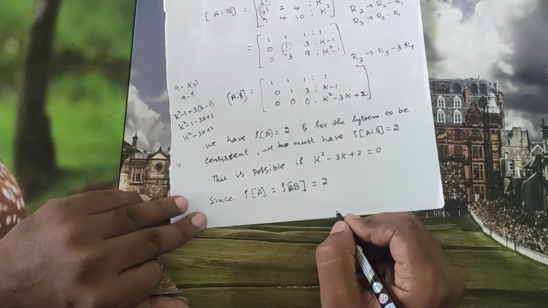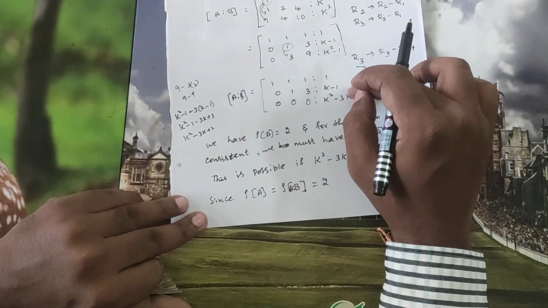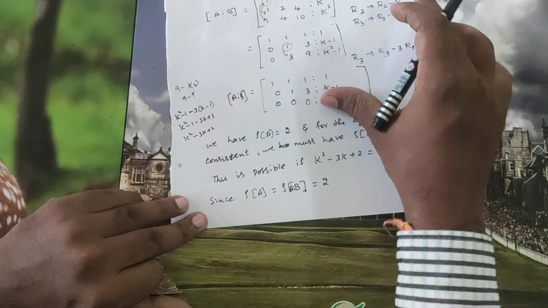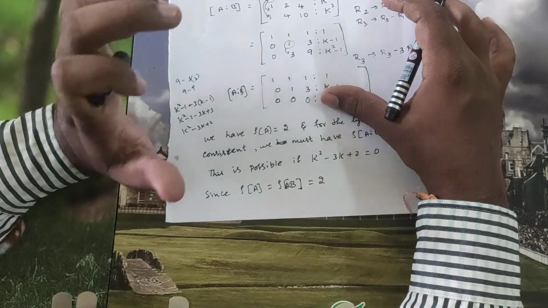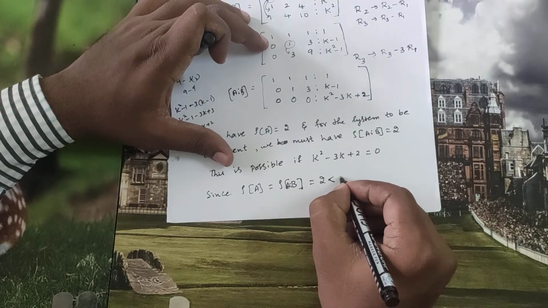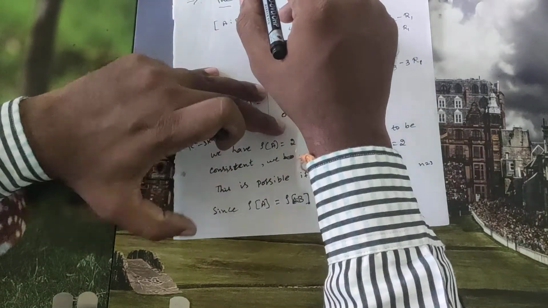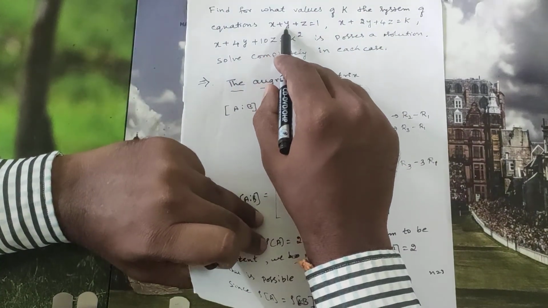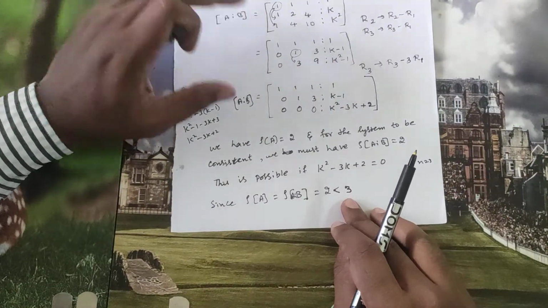If this is 0, then rank of A is also 2 and rank of the augmented matrix is also 2. What is the number of unknowns? Number of unknowns is 3, n is 3. They given x, y, z, so 3 unknowns, n equals 3.